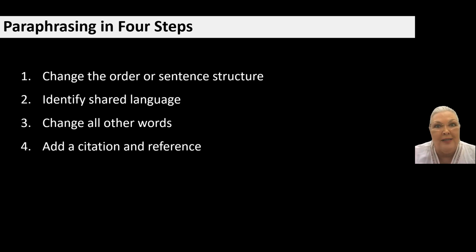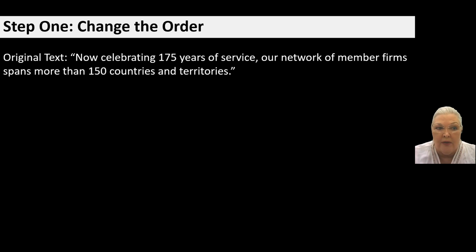That's part of the integrity of the words, right? Then the second step is to identify the shared language. Then step 3, change all the other words. And finally, add a citation and a reference.